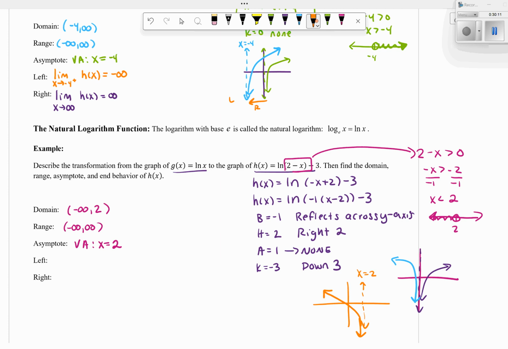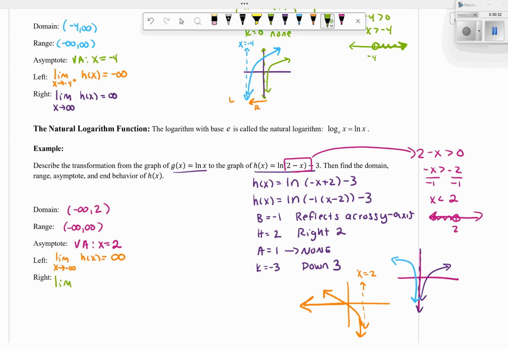For the left limit, our limit as x goes towards the left side, h of x is going up towards positive infinity. And then the right limit is going towards our vertical asymptote.